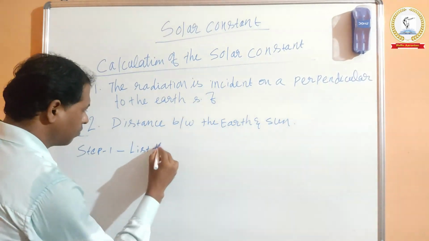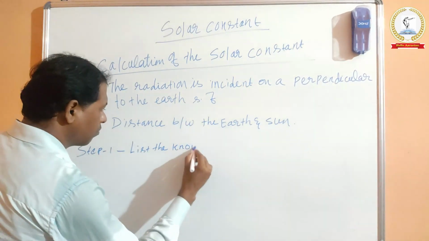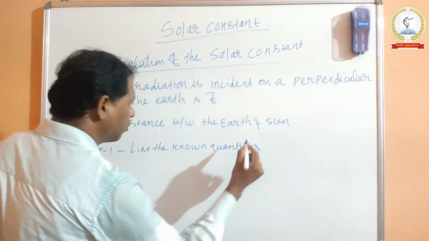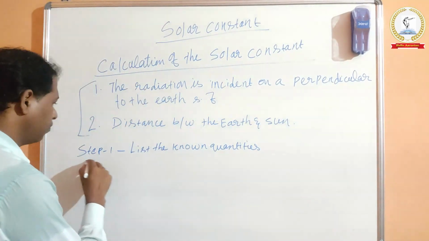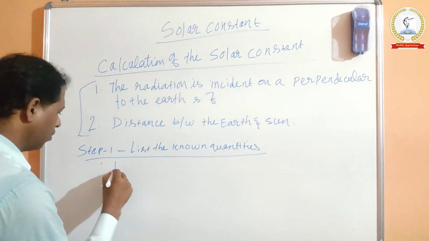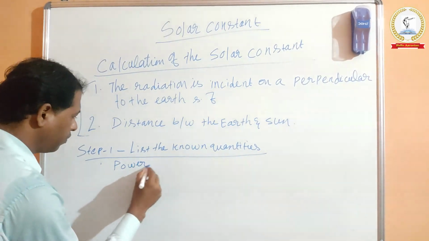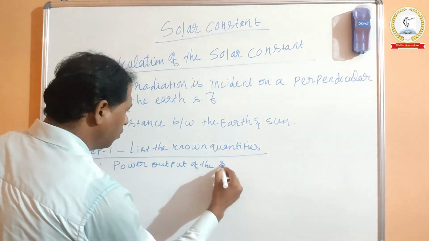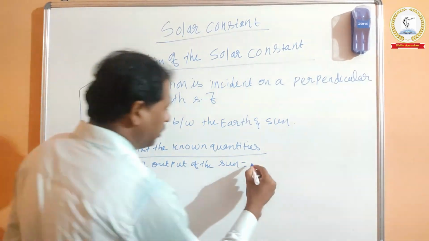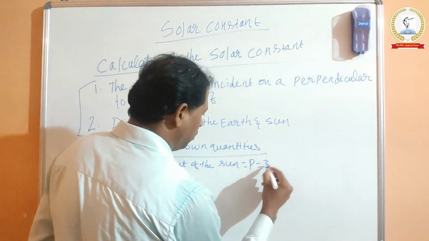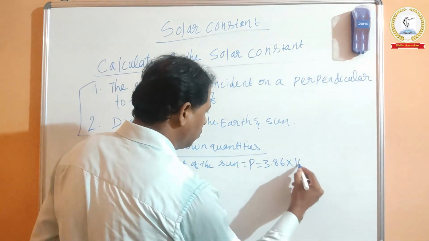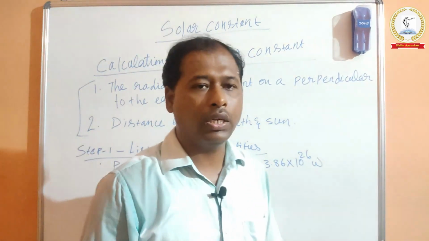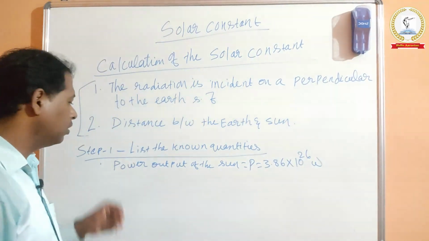list the known quantities. In this, the power output of the sun is equal to 3.86 into 10 to the power of 26 watts. Okay, so this much amount of energy is released by the sun.